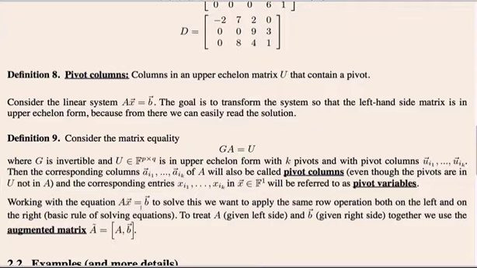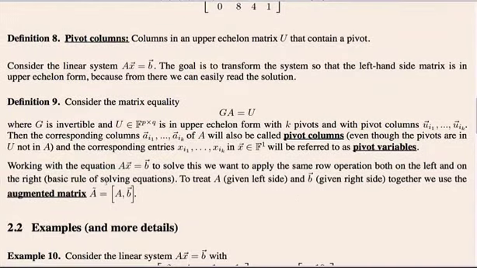That means that if you multiply A, the given left side, we also want to multiply b, the right side. So for this reason we put the two together, the A matrix and the b vector, into a larger matrix, and this is called the augmented matrix, and the notation is usually A tilde.